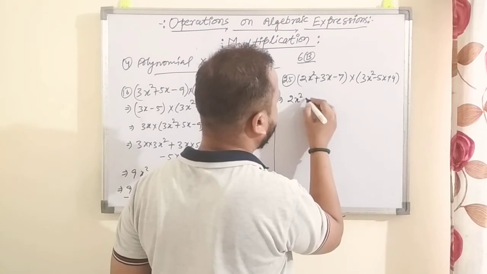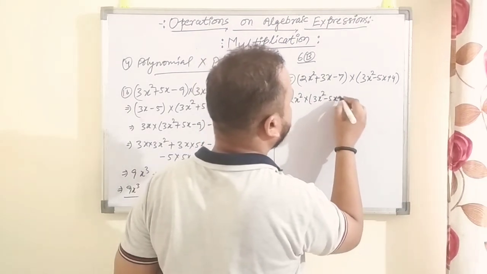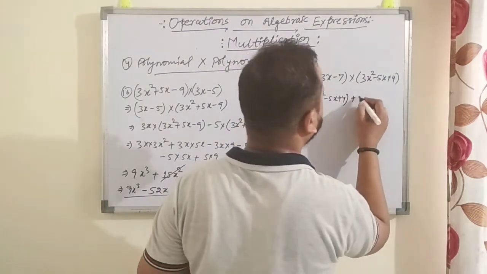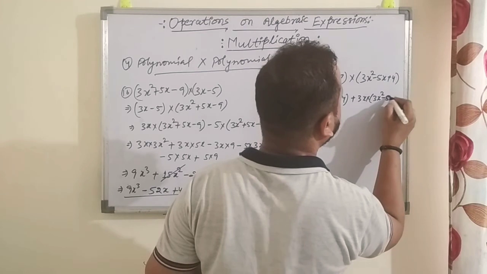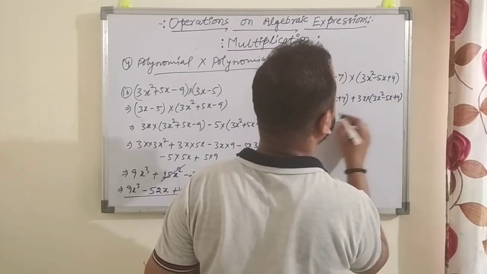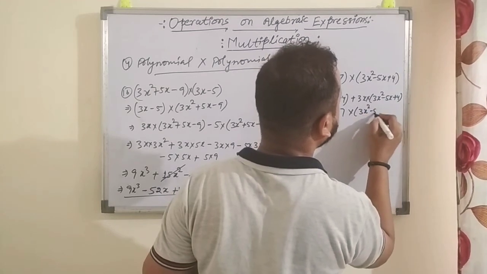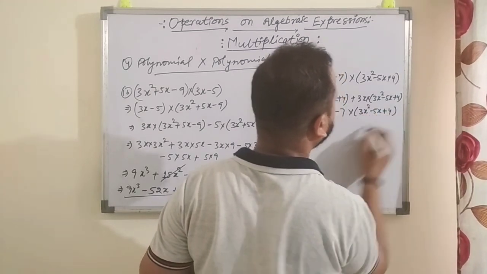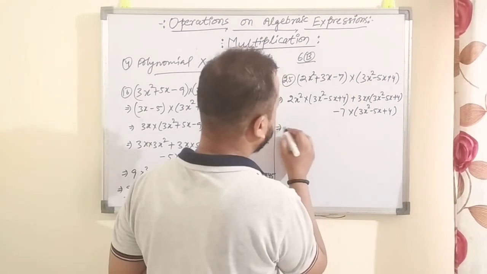So 2x square is being multiplied with 3x square minus 5x plus 4, plus 3x is being multiplied with 3x square minus 5x plus 4, minus 7 is being multiplied with 3x square minus 5x plus 4. Just open the bracket, means apply the distributive law on each term.